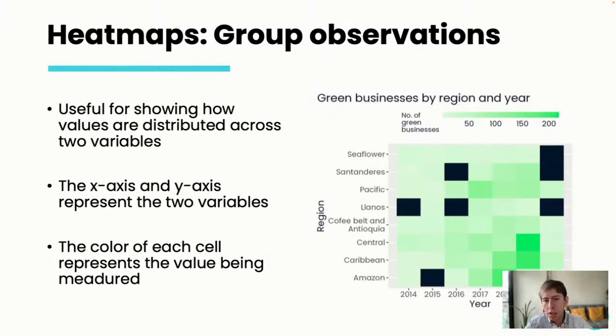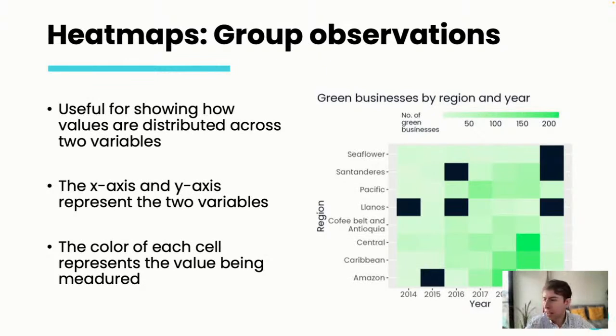As I mentioned, it's very useful for showing how values are distributed across 2 variables. The x and y axis represent the 2 variables in this case. That's, again, similar to the scatter plot. But notice how in this case I didn't use numerical variables: on the y-axis I used a categorical variable, and on the x-axis I used a time variable, which is the year.